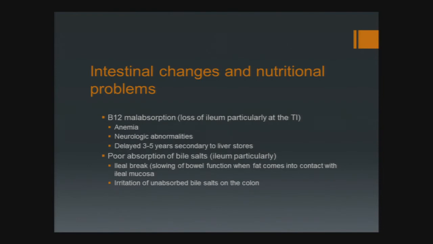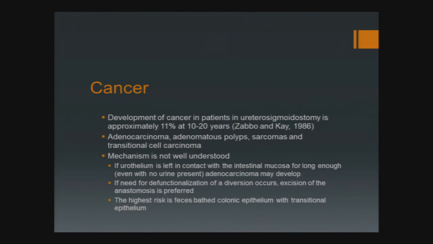Poor absorption of bile salts after removal of some intestinal segments, particularly the ileum, and then the ileal brake, the slowing of the bowel function when the fat comes in contact with the ileal mucosa, is lost, and then irritation of the unabsorbed bile salts in the colon, causing the colon to become irritated.